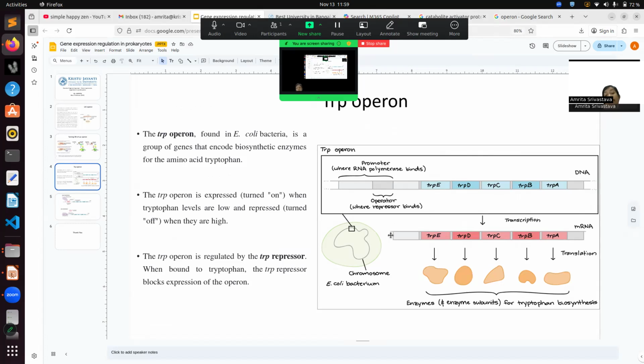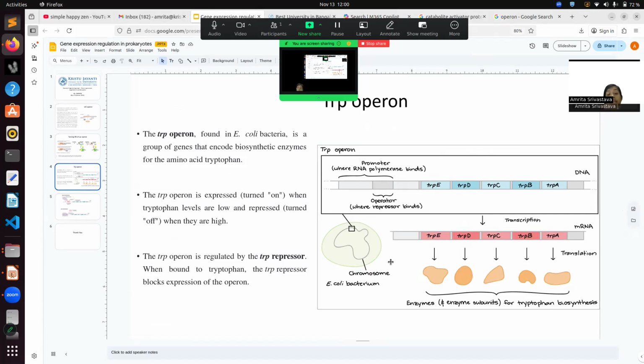Now, how will the cell give a signal for the transcription of these genes? When tryptophan level is high, the need for biosynthesis is not there, and the transcription of these genes need not occur. So when tryptophan is high, tryptophan binds to the repressor, and the whole thing binds to the operator, and it prevents the transcription of these genes because biosynthesis is not needed. Already there is enough tryptophan.